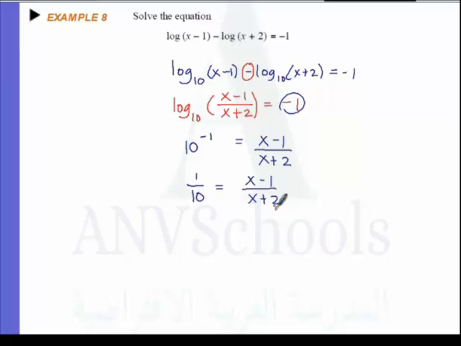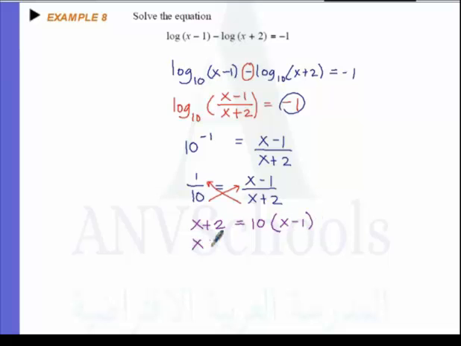Using the property of crisscrossing, I would get x + 2 on the left side, and on the right side I will have (x − 1) times 10.